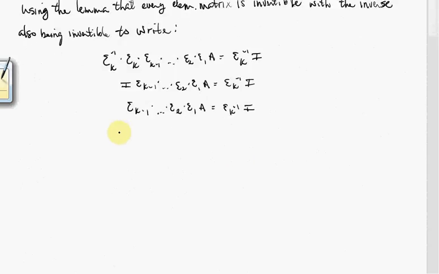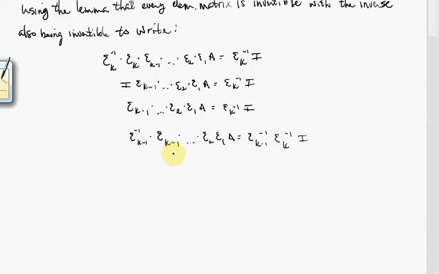Here, I multiply this by the inverse of E sub k minus 1 times, and so on, times E sub 2 times E sub 1 times A is equal to, well, I better write this, E sub k minus 1 times, and so on, E sub 2 times E sub 1 times A. This is E sub k minus 1, the inverse of that, times the inverse of E sub k times the identity.